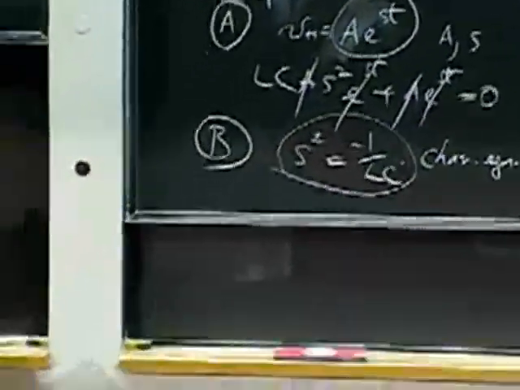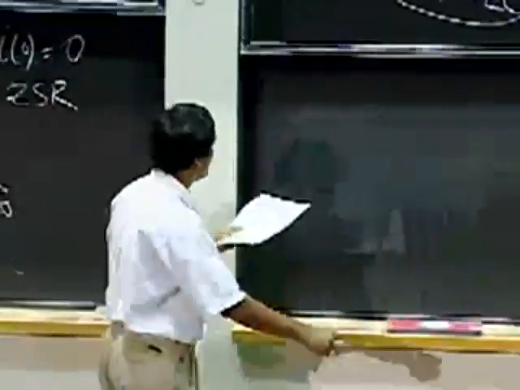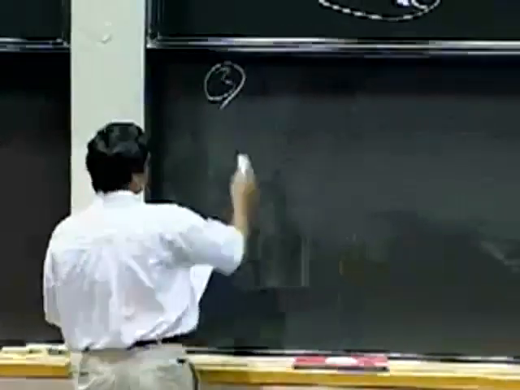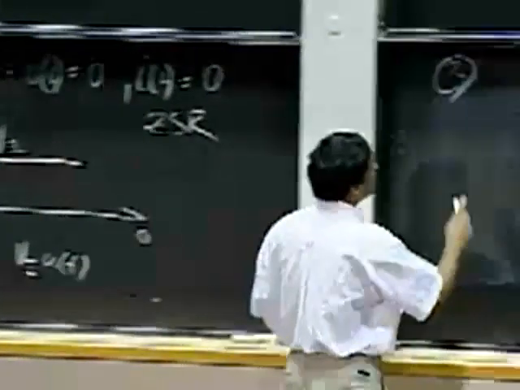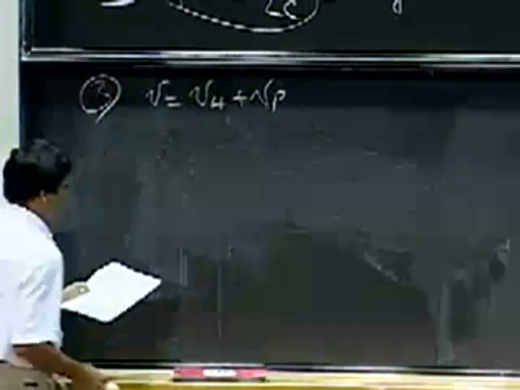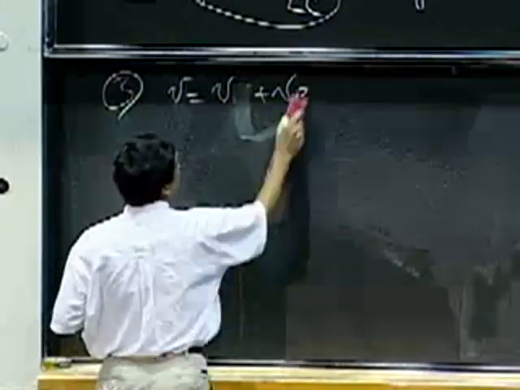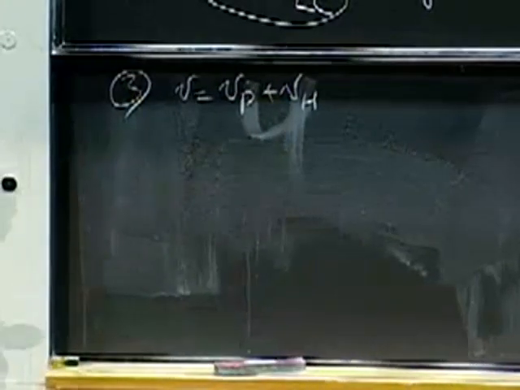Okay, so blasting ahead, I now have my homogeneous solution, and as my third step of solution to differential equations, I write down the total solution. V is simply the particular plus the homogeneous solutions.